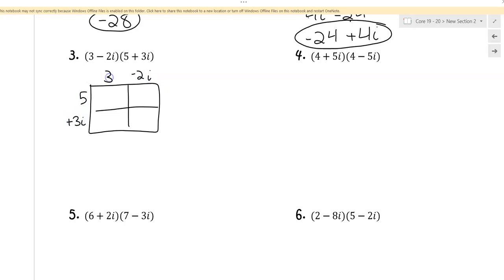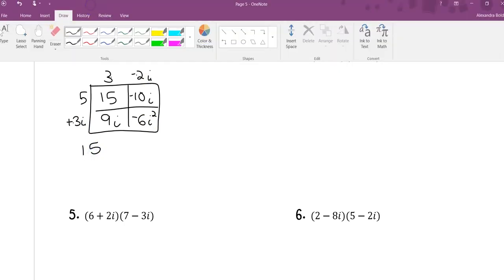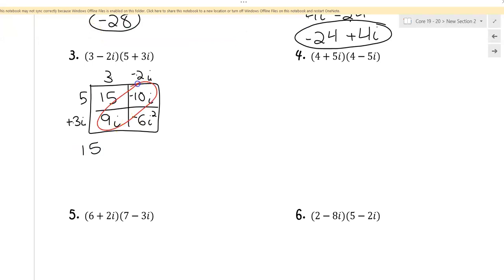So 5 times 3 is 15. 5 times -2 is -10i. 3 times 3 is 9i. 3 times -2 is -6. And i times i is i squared. So I have 15. I'm going to combine these two. -10 plus 9 is -1i.